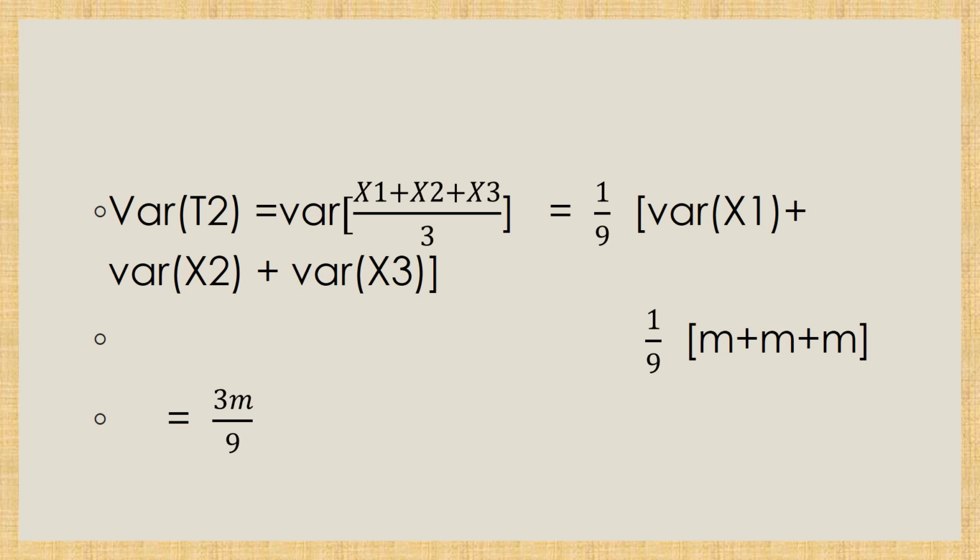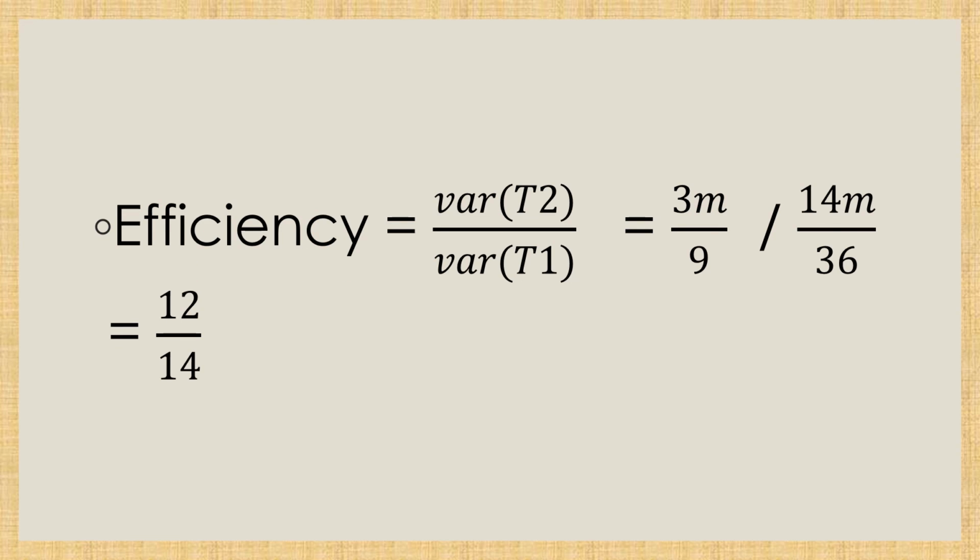So our efficiency is equal to the variance of T2 divided by the variance of T1. So we'll have 3m over 9 divided by 14m over 36. Our answer becomes 12 out of 14 as our efficiency of T1 in relation to T2.